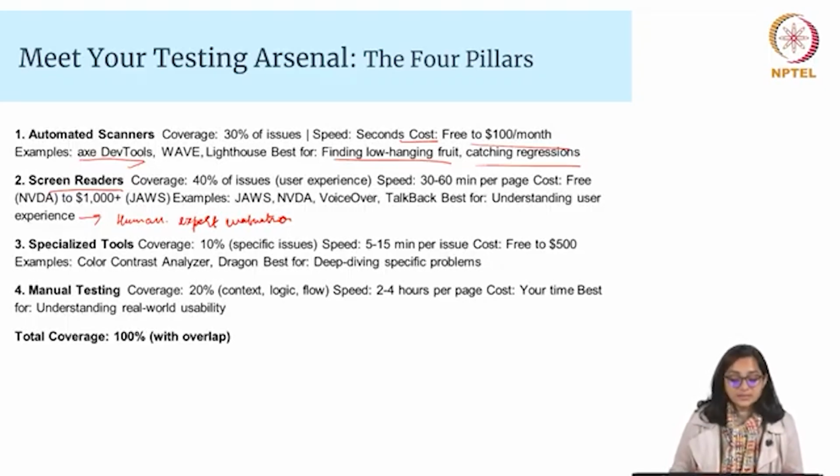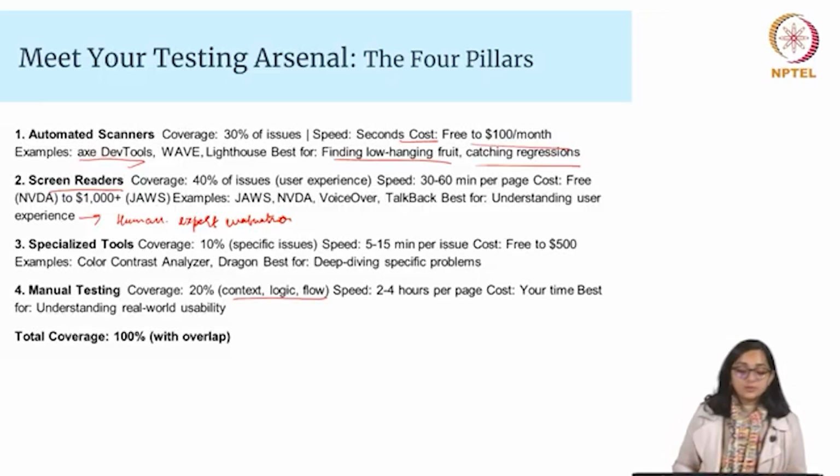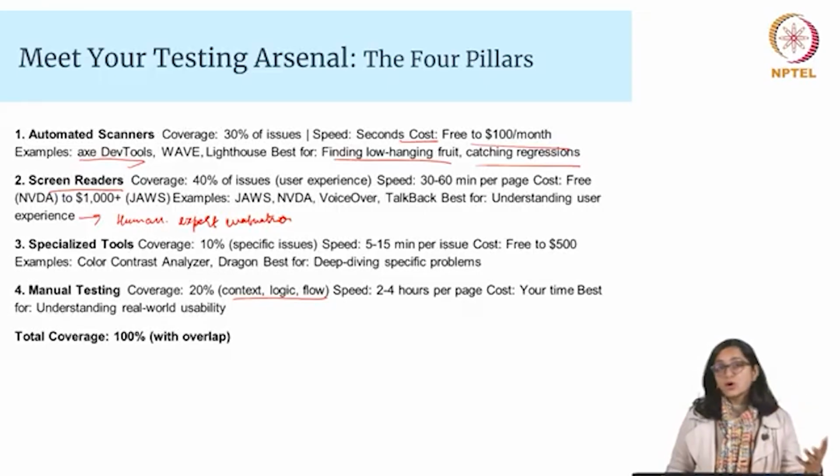Then manual testing, the coverage, the remaining 20%, where an evaluator is looking at the context, the logic, the flow. The speed can be several hours per page. Cost can be your time, the human resource cost to the company.